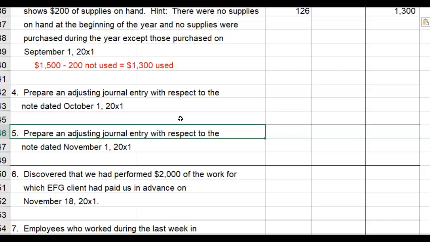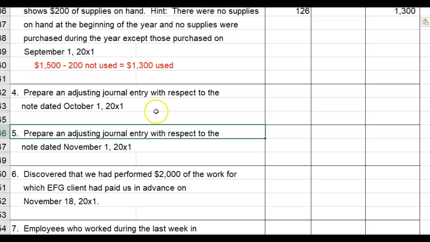So I want you to take a look at the journal entry that you made in the JE tab for October 1st. Take a look at the interest rate and accrue October, November, and December, 3 months worth of interest on this note. Do the calculation and prepare the journal entry. Then start the video again to check your work.